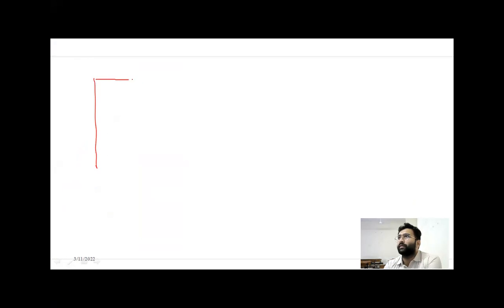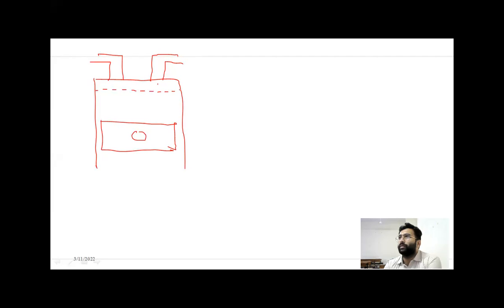Let us say this is a cylinder block, then inside it there is a piston. There is an intake port, and a discharge port. Again here, let us say there is a clearance volume. This is your TDC. Let us say the piston is at BDC, so this is BDC.